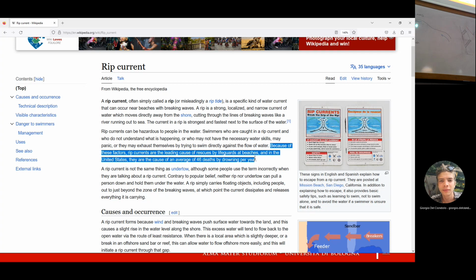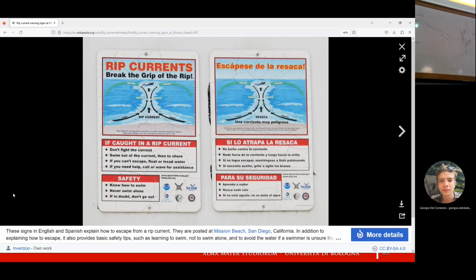And in the United States, they are the cause of an average of 46 deaths by drowning per year. And this is the figure. Don't fight the current, swim out of the current, then to shore. If you can't escape, float or tread water. If you need any help, call or wave for assistance.